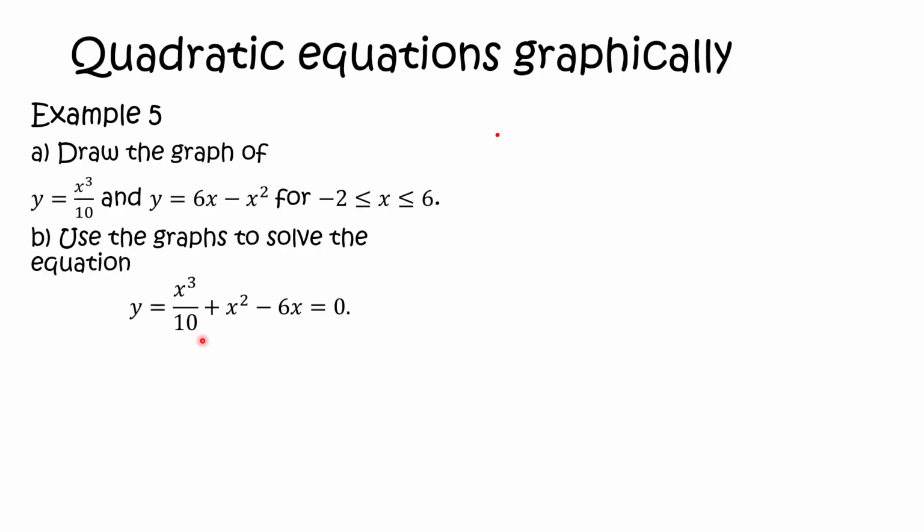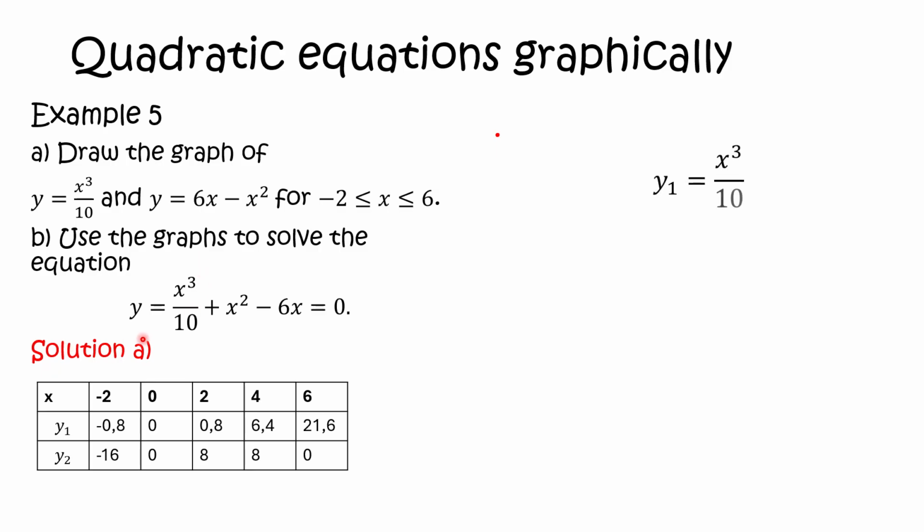So I'm not going to compute each and every point because by now I'm sure we see how we compute these y values. So we have the y1 as the cubic function and the y2 as the quadratic function, so that we have those values. So y1 is for the cubic and the y2 is for the quadratic. Right, with those values, we are going to get to our graph.